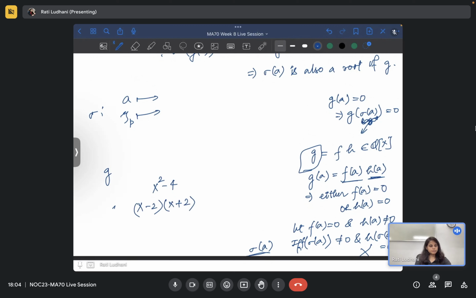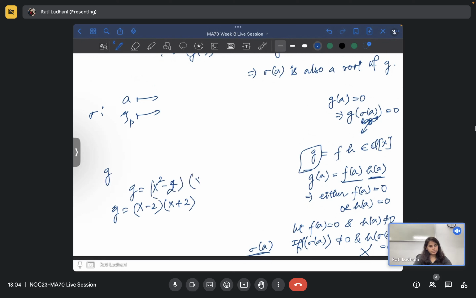So this is for example your G. And if you have taken G of 2, okay, this is not a good example here because 2 is already in Q, but root 2 and root 3, x square minus 2 into x square minus 3.